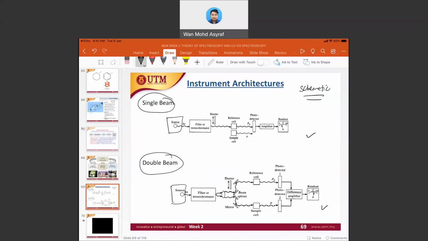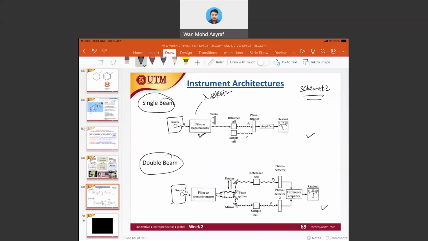So it comes from the one source. So this light source will provide electromagnetic radiation to a filter, or we can call a monochromator, which is a wavelength selector. Okay. All right.